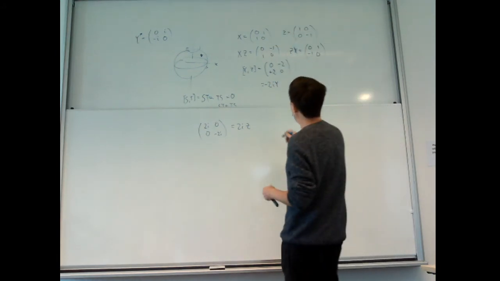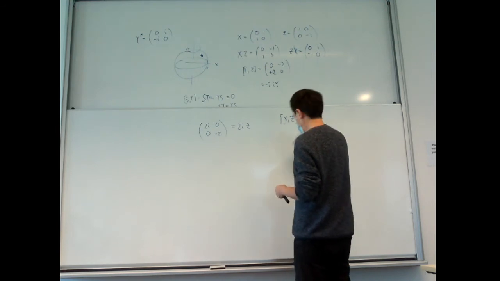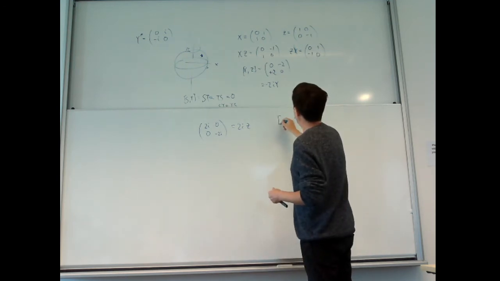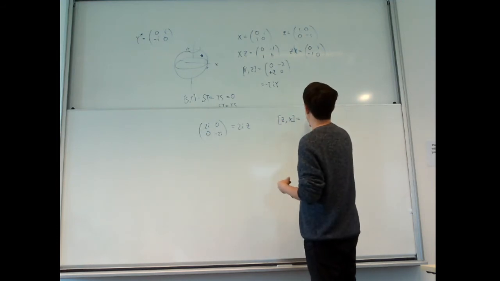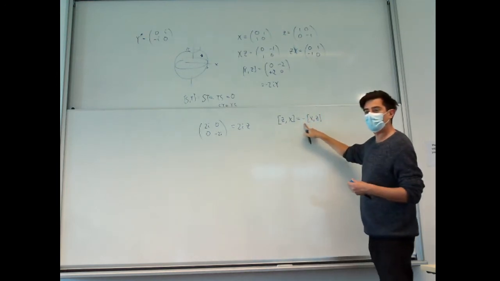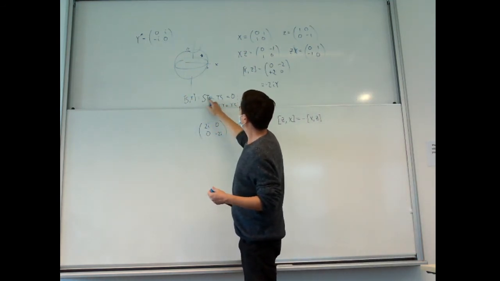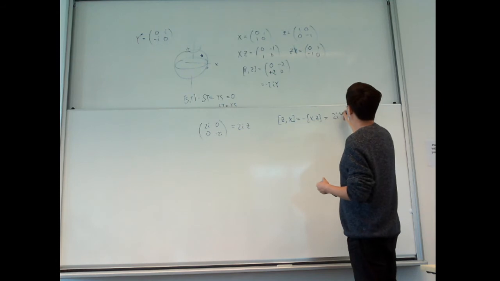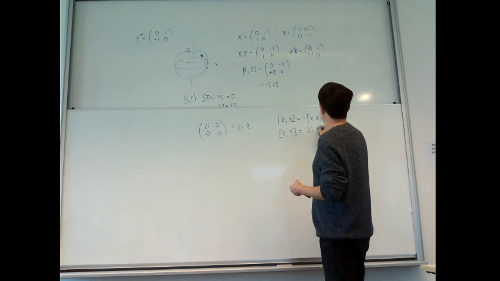So we found that if we reverse the order of the commutator, it's actually the minus of it, okay? Because this is always true. You just put a minus sign in front of it, because if you put minus here, then it's minus st plus ts. So this is equal to 2iy, and we just found that xy was 2iz.